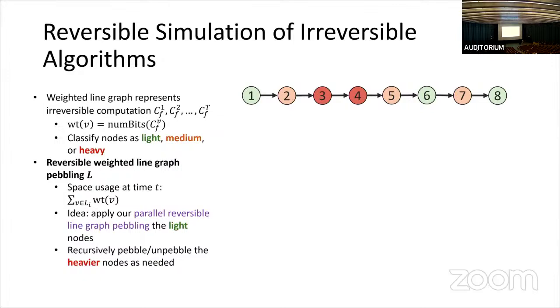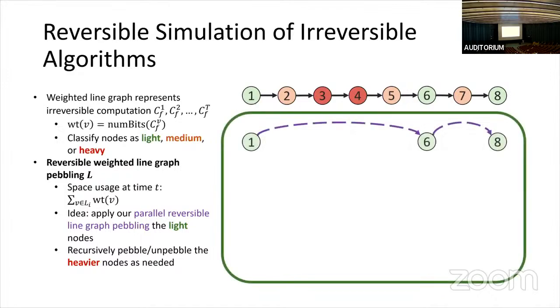Placing a pebble on node 6 will be illegal, and so we're going to recursively fix all these illegal steps. And the point is that we want to keep pebbles on heavier nodes for as little time as possible, and we can afford to do that because there are relatively few heavy nodes relative to the average space usage of our algorithm.